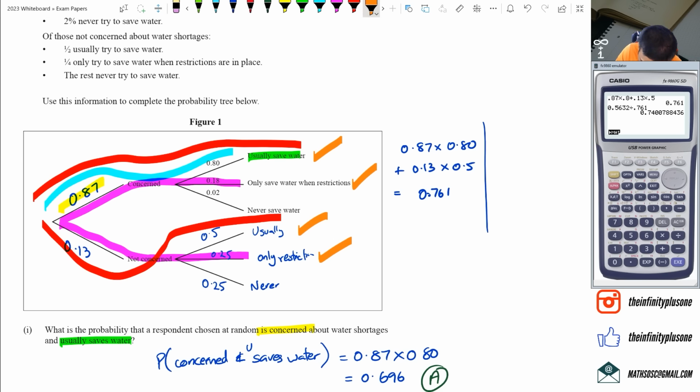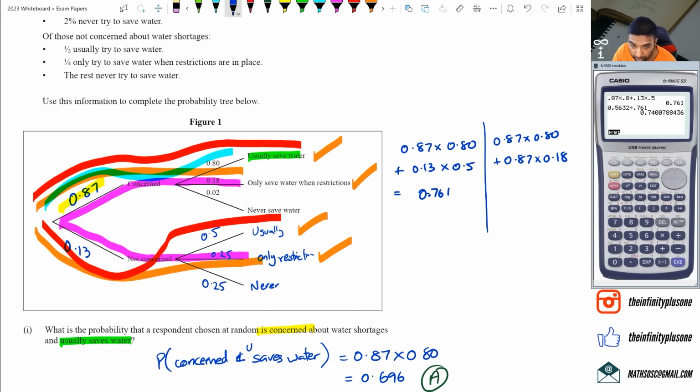So you might have the red line plus the orange one here plus this orange one here.